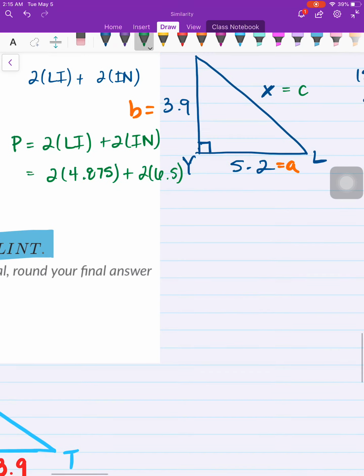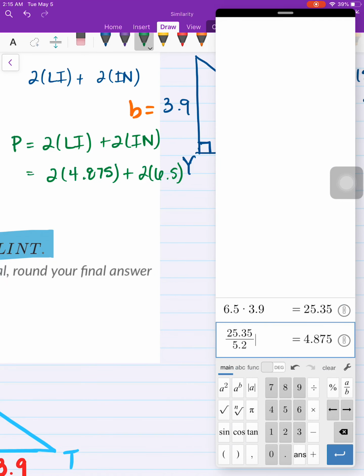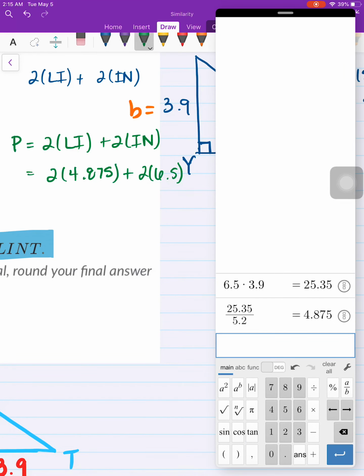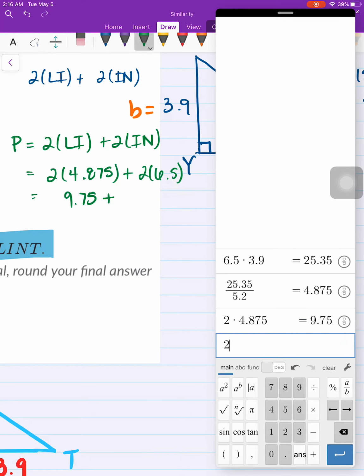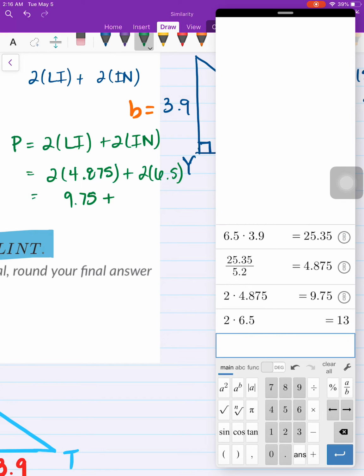So we'll go ahead and multiply those two, and I have 2 times 4.875, and that gives us 9.75, plus 2 times 6.5, which gives us 13.